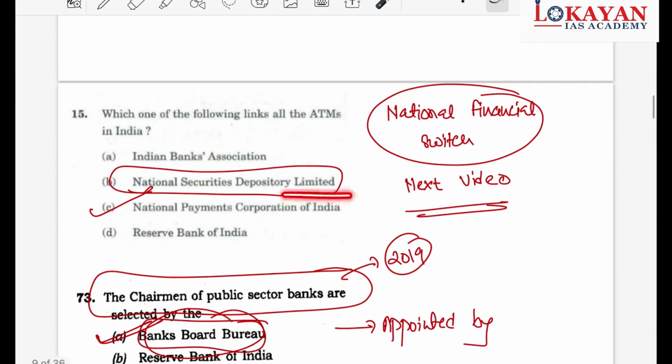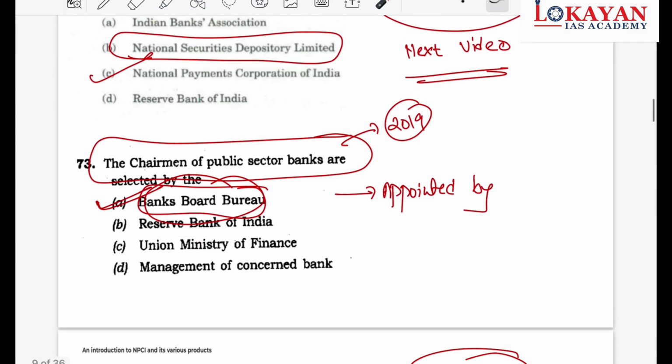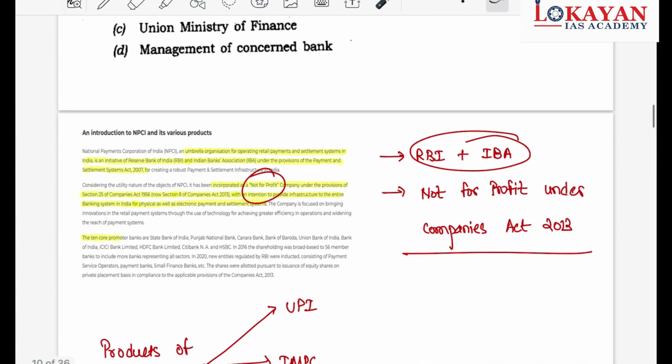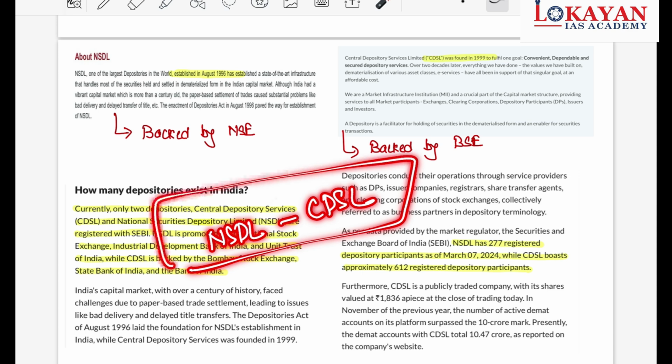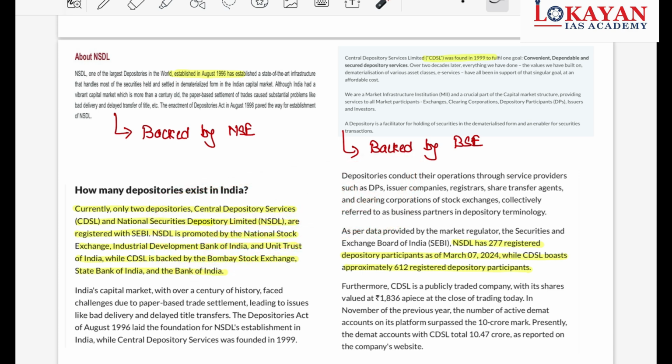Now focus on this option, National Securities Depository Limited. What are depositories? Remember, depositories hold securities in electronic form for investors. NSDL and CDSL are the only registered depositories in India. They ensure smooth transfer of ownership of securities between buyers and sellers.